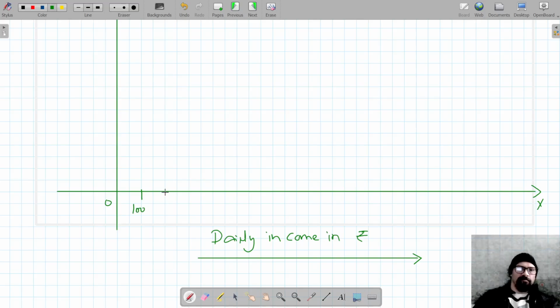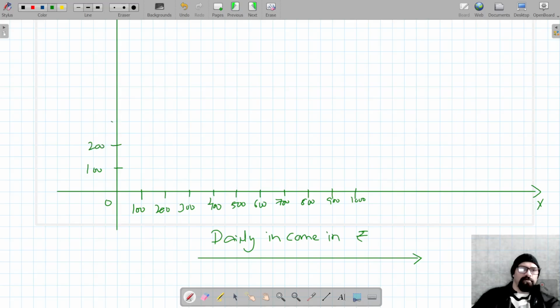So this is 100, this is 200, this is 300, this is 400, this is 500, this is 600, this is 700, this is 800 and 900 and 1000. Okay, sorry, these are the number of workers.